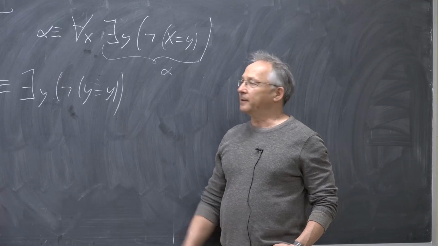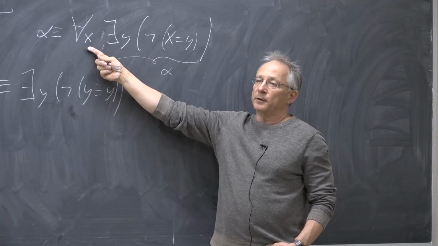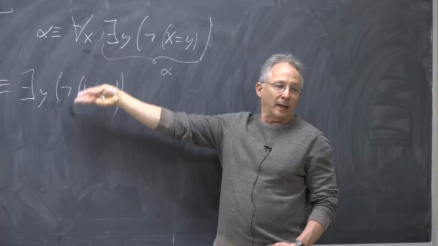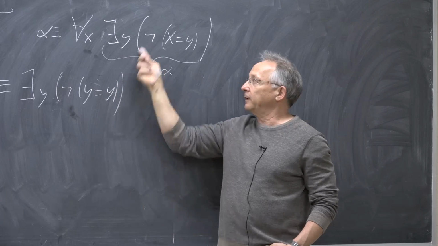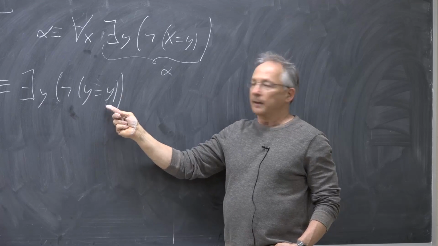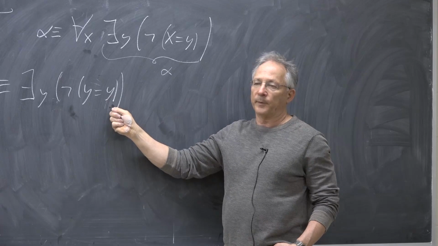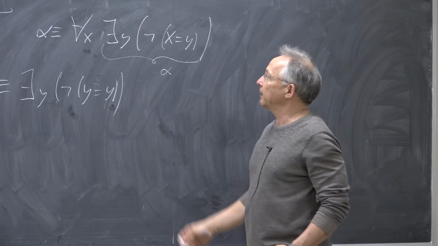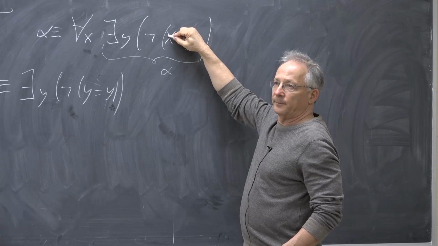Right. So the problem is, the reason that we got into trouble here, you see, here I said something that holds for every x. So I took some term to substitute for x, y, and suddenly I got into a very silly statement. And definitely, this is not a logical implication. Right? This will never hold no matter what structure I take. And the problem was, as you indicated, that the x here is free.